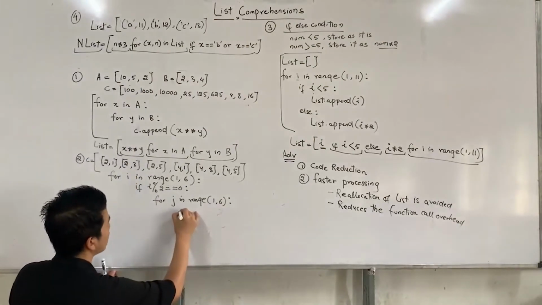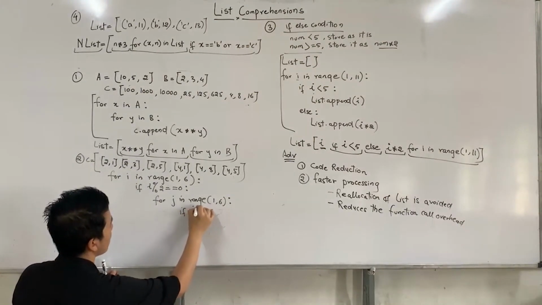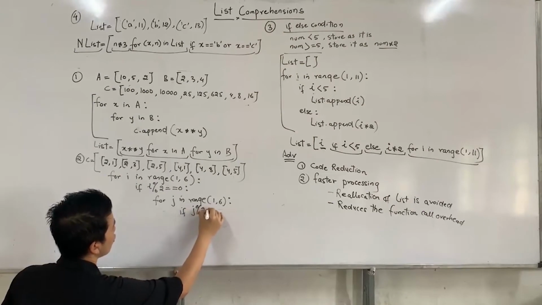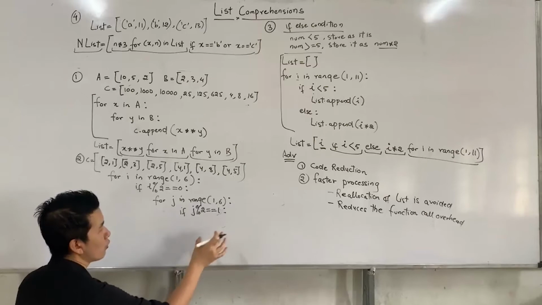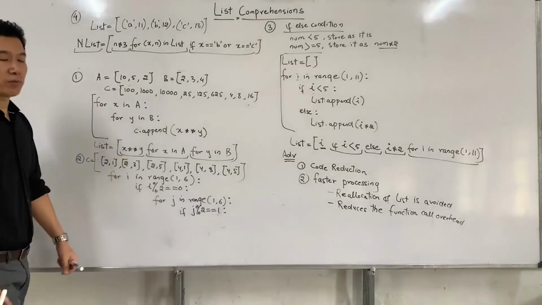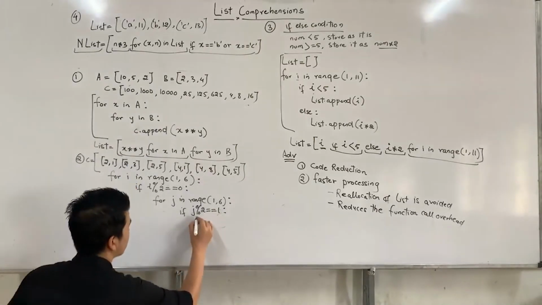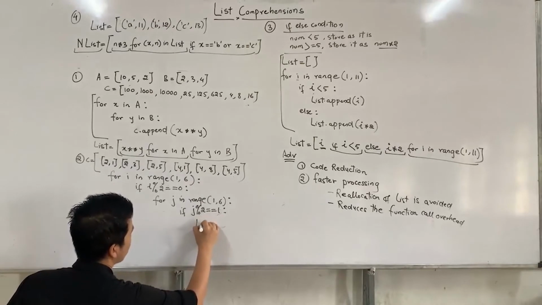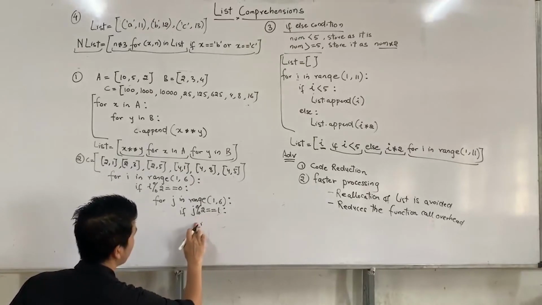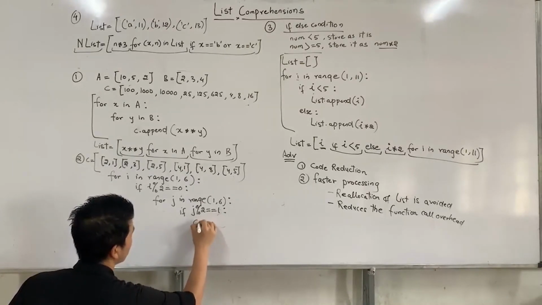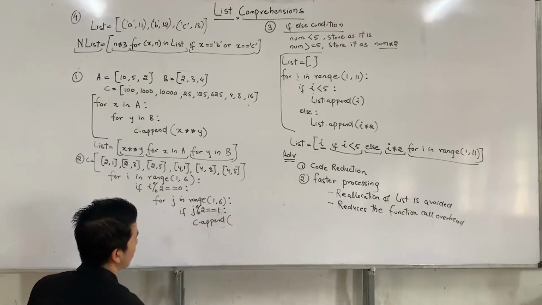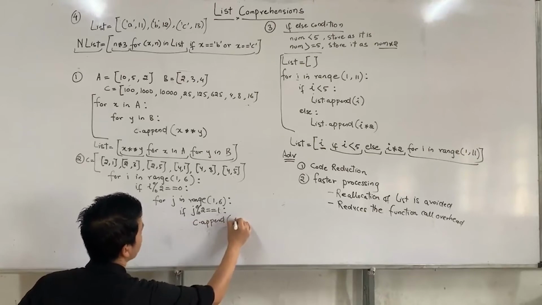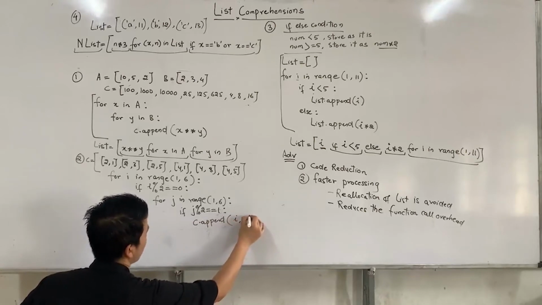The condition is, if j modulus 2 is equal to 1, then I have to form the pair. Right? So it's going to be something like this. Oh, the name of the list is C. All right, C dot append. Okay. And then I write here i, j.